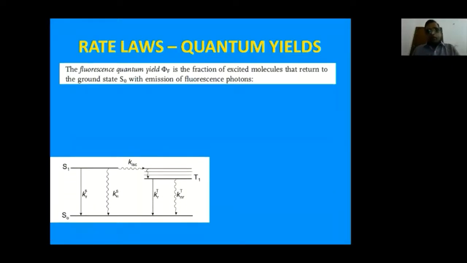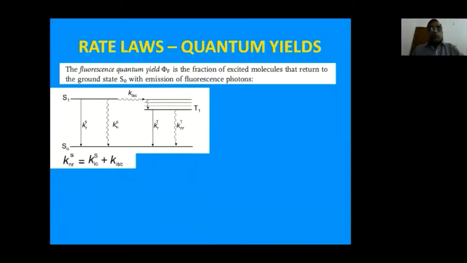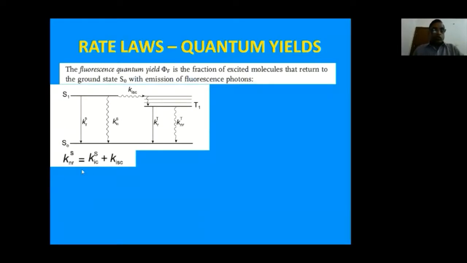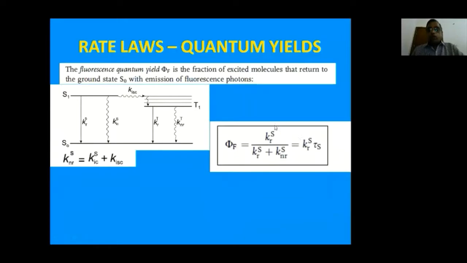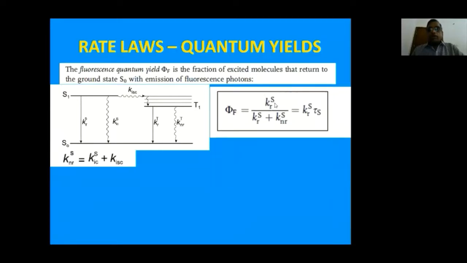Now again, pulling up this deactivation scheme to make it clearer. As I told you, non-radiative deactivation is the sum of the two deactivations, internal conversion and inter-system crossing. Now, the quantum yield can be correlated to the rate constants. If you want to calculate the fluorescence quantum yield, you need the radiative deactivation, that is the fluorescence deactivation, divided by all the deactivations that you see, which are all competing with each other.